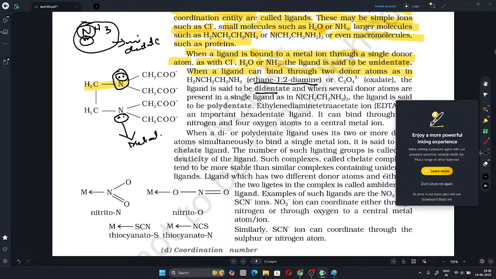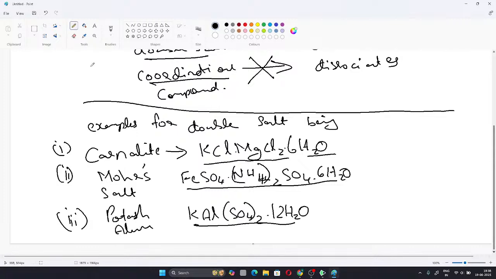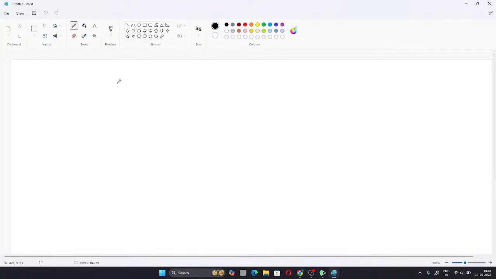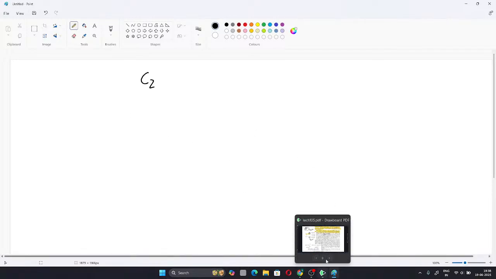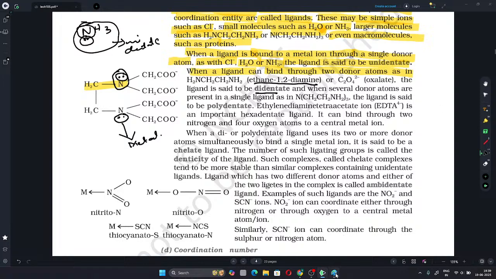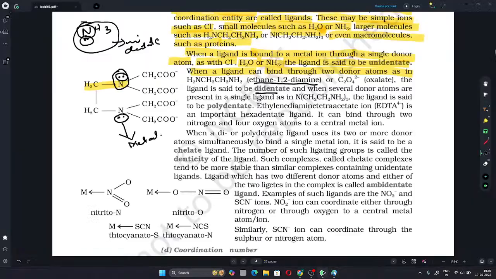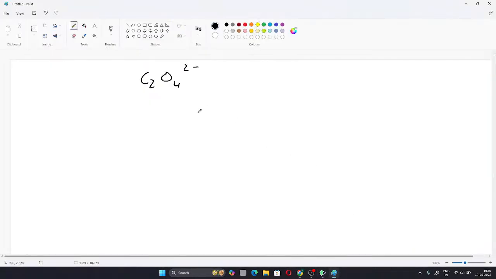And in the case of the oxalate ion as well, C2O4 2 minus, these can also form two bonds with these lone pairs of electrons.